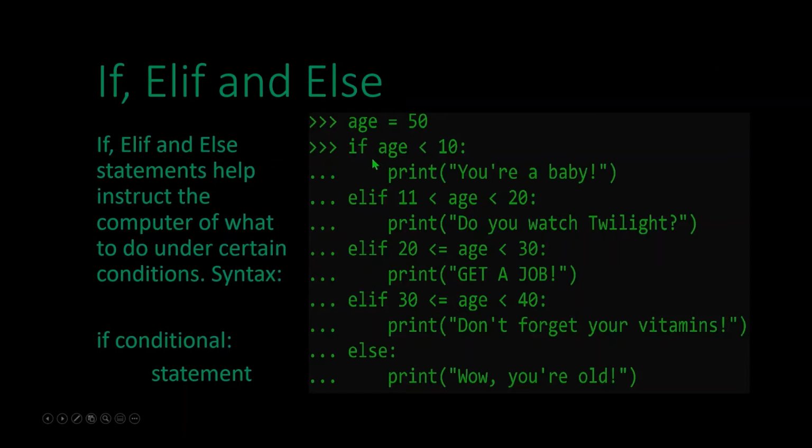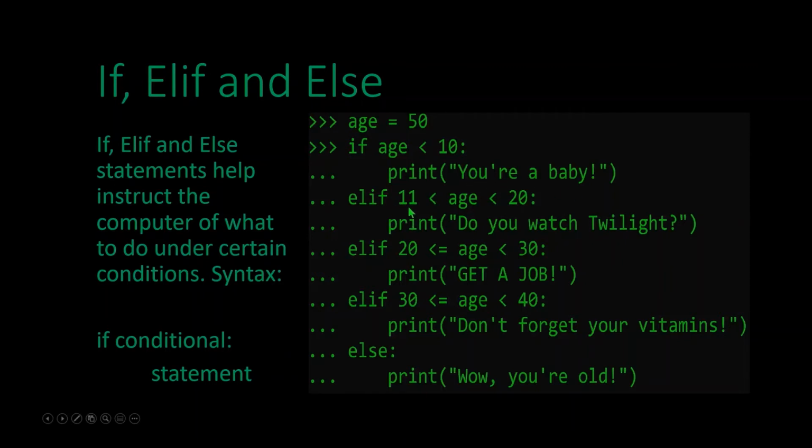So let's mess around with the if, elif, and else statements. If age is less than 10, print you're a baby. So remember, in our syntax, we have our if, and then we have our conditional statement, which is going to return a true or a false Boolean value. So if this is true, it would print you're a baby.